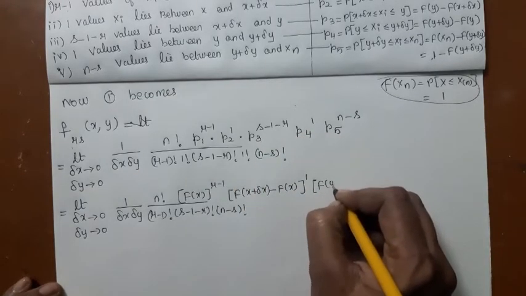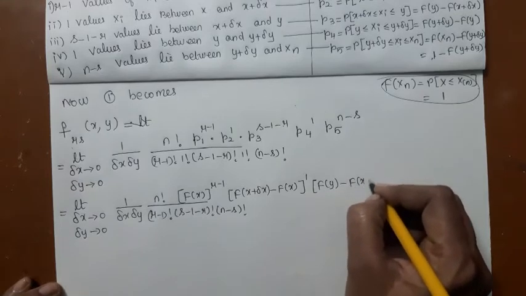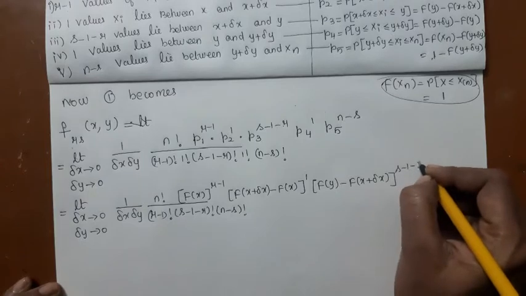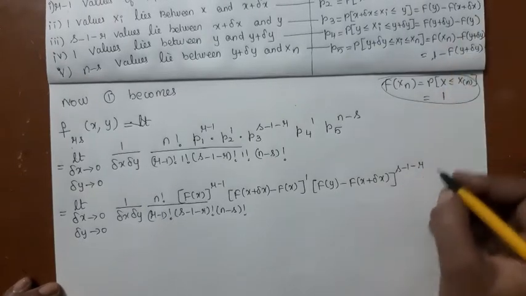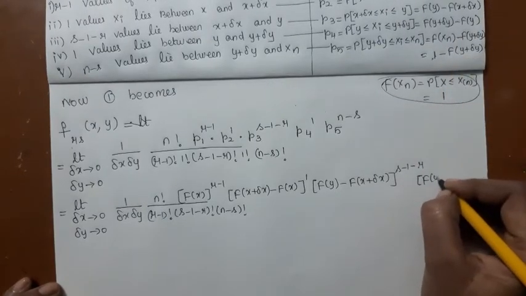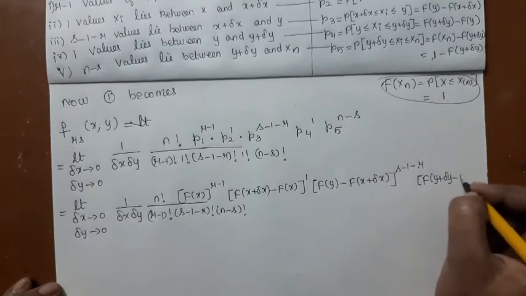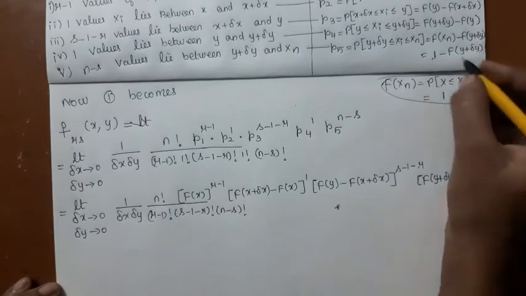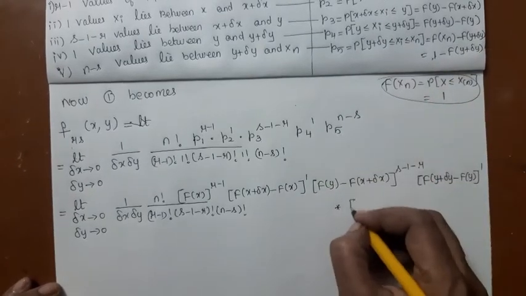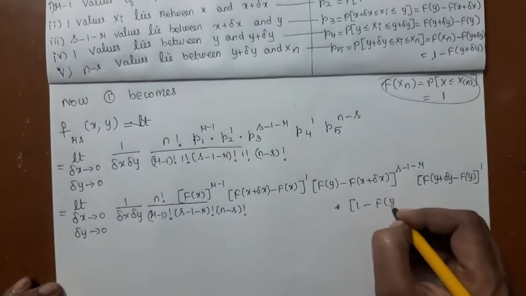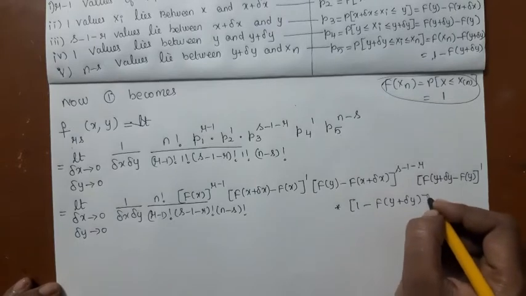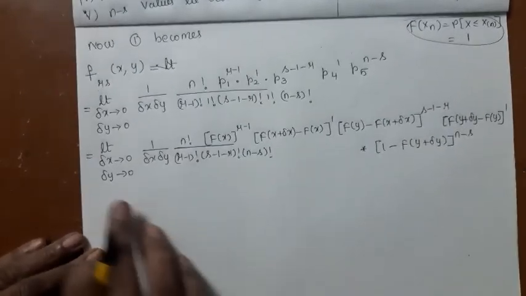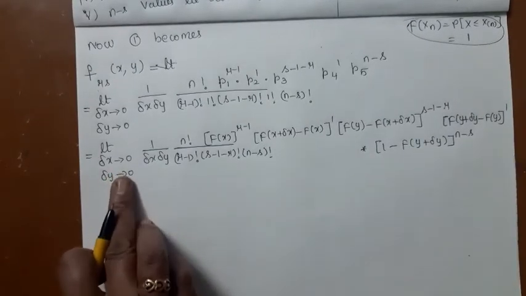F of y minus F of x plus delta x power s minus 1 minus r. And what is P4? F of y plus delta y minus F of y power 1, into what is P5? 1 minus F of y plus delta y power what? N minus s.